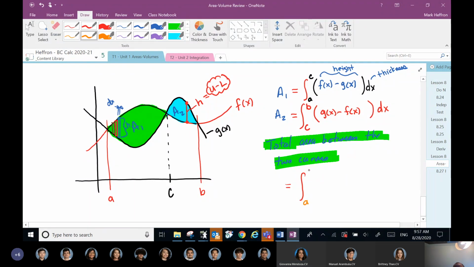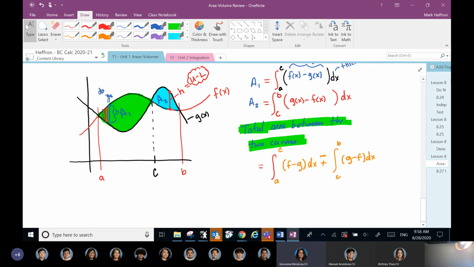From A to C, F minus G. I'm shortcutting. We should have all those X's in there. Would it be plus or minus the integral from C to B of G minus F? Plus? Yeah, it should be plus.